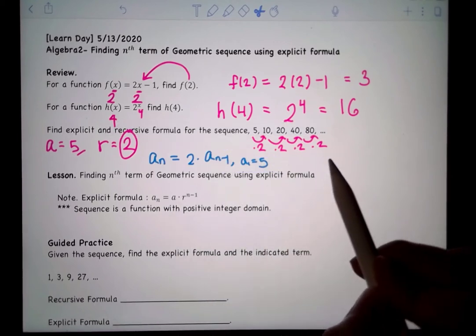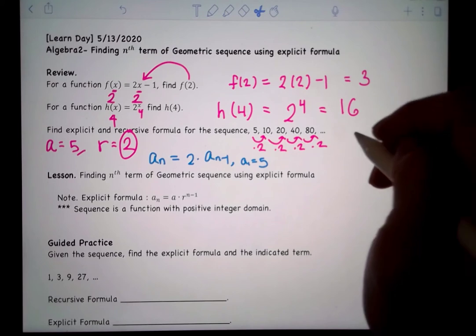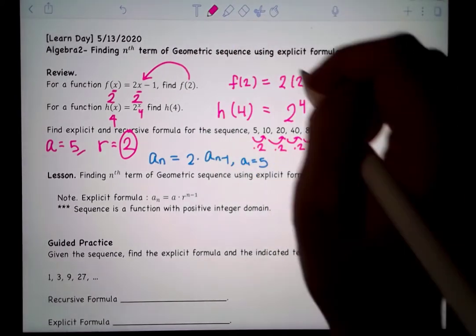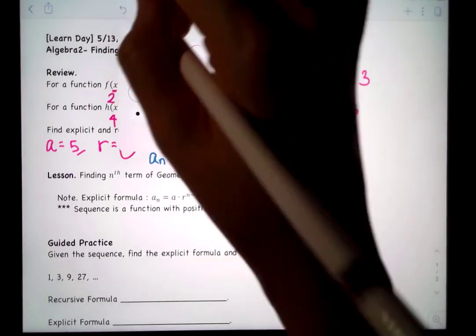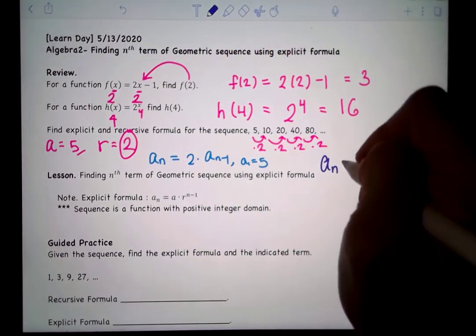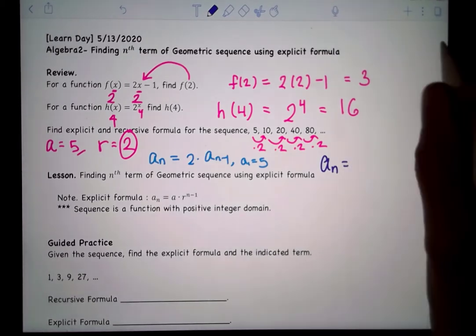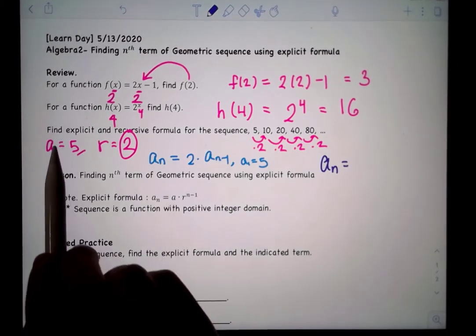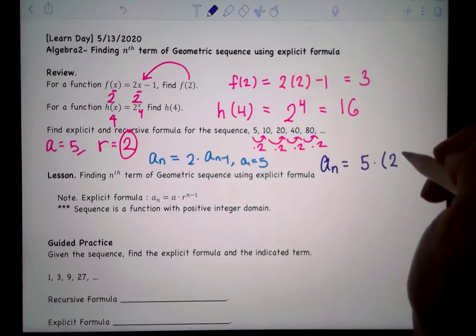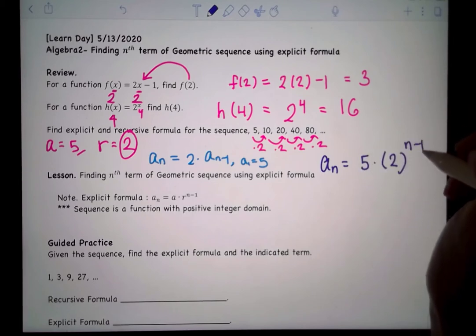And I'm gonna write my explicit form. Explicit form is a of n equals my first, right? This is the formula, my initial, which is 5, times my ratio to the n minus 1.